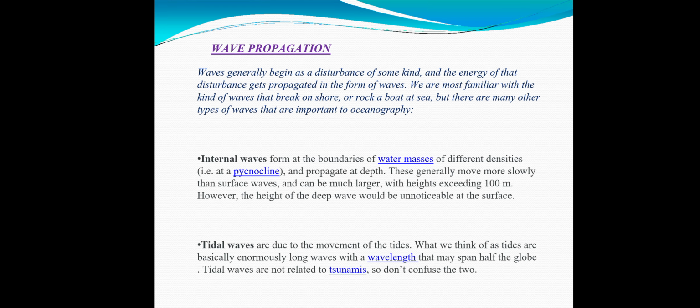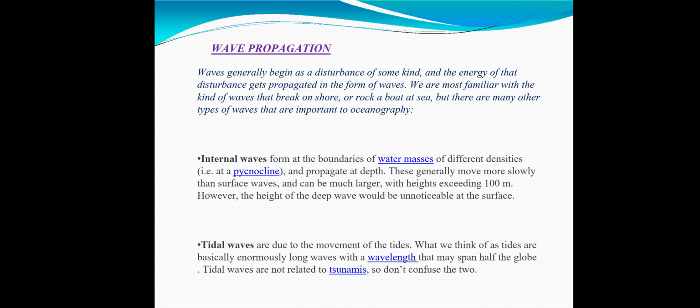So where are internal waves formed? At the boundaries of water masses. What does it mean? The boundary of water masses represents the common interface surface between the sea and the landmass.